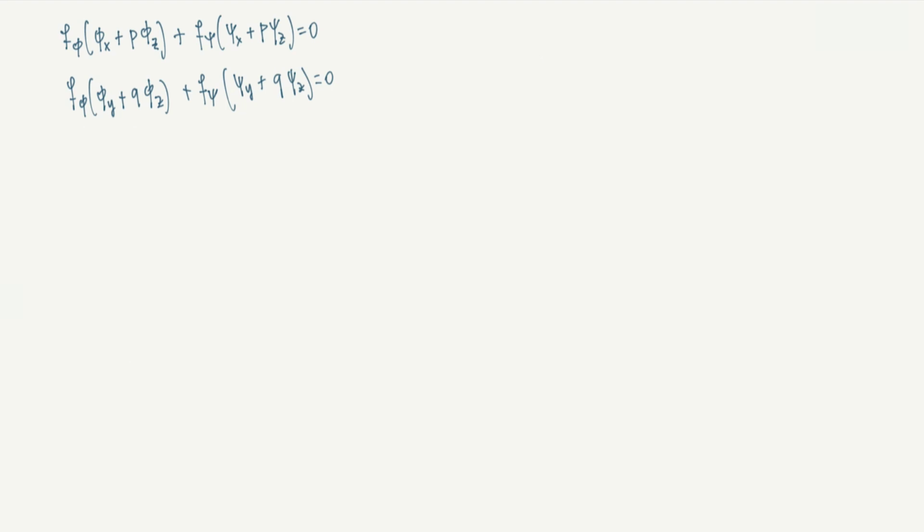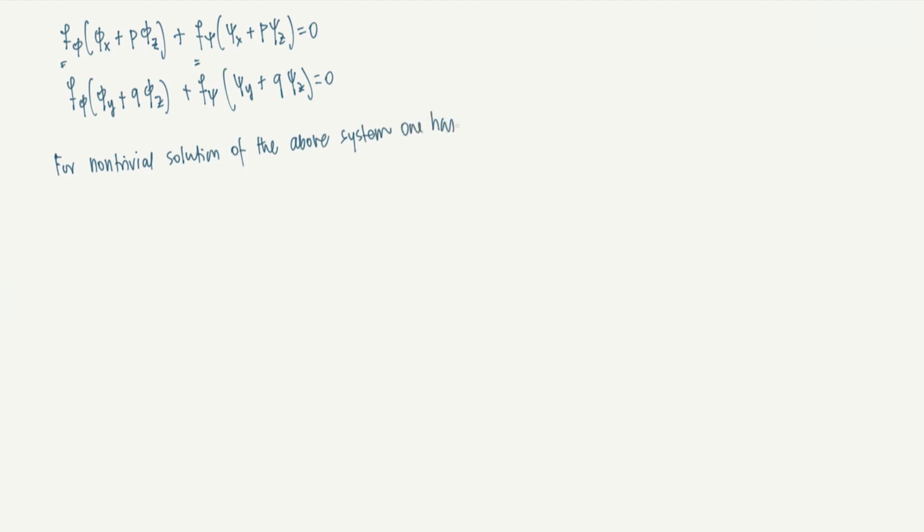Now you see, we want a non-trivial solution for f phi and f psi. Okay, for non-trivial solutions, this is a system of equations in f phi and f psi. It's a system of equations. So for a non-trivial solution of the above system, we want the determinant to be 0, right?